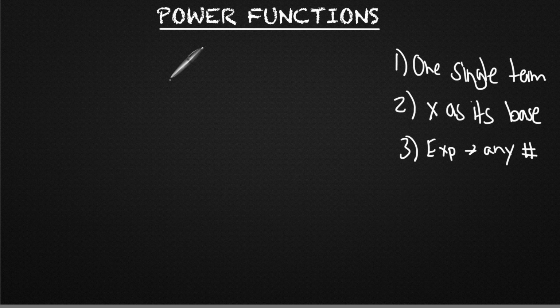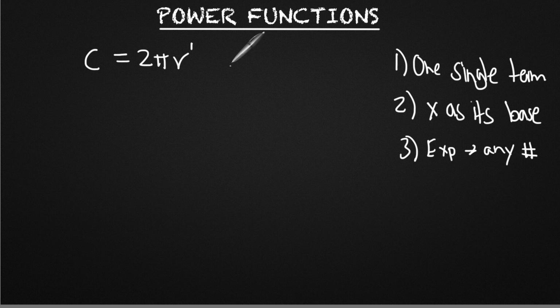Let's look at some examples of power functions that you may be very familiar with. Let's say we have the circumference of a circle. That's equal to 2 pi r. Well, you have to ask, okay, what is the variable? The variable is r. r is raised to the first power. This is a single term. It's not adding or subtracting anything.